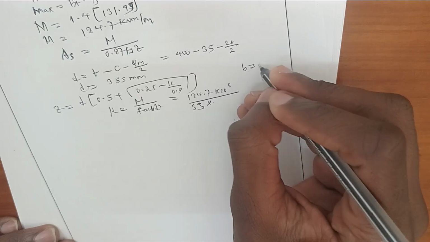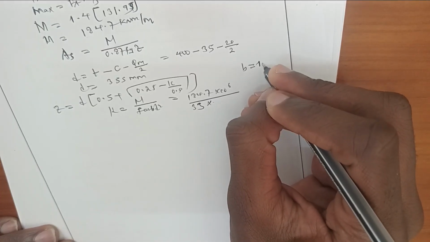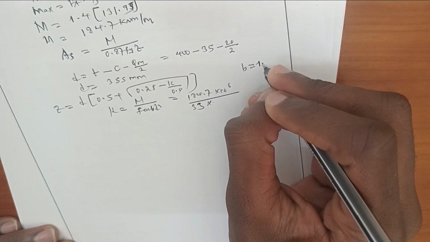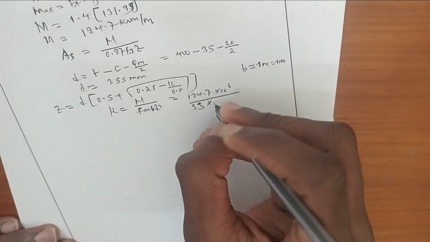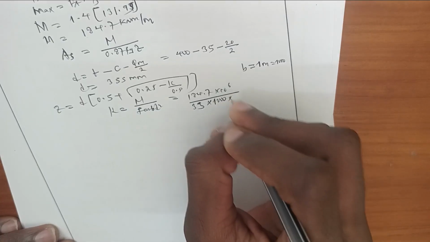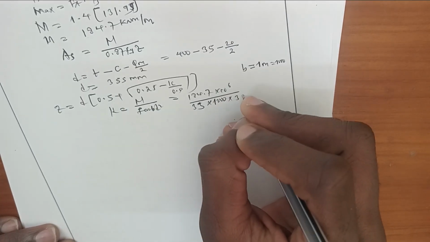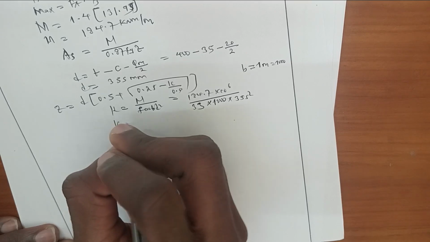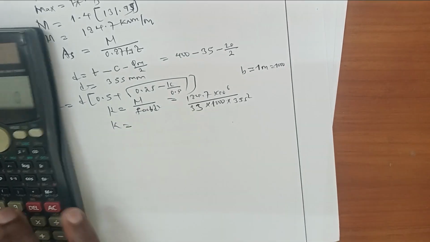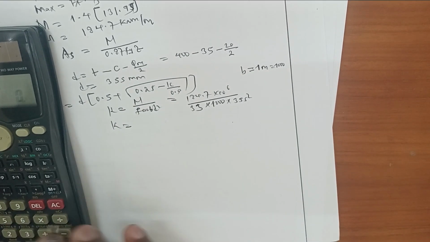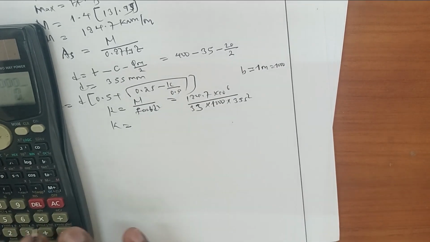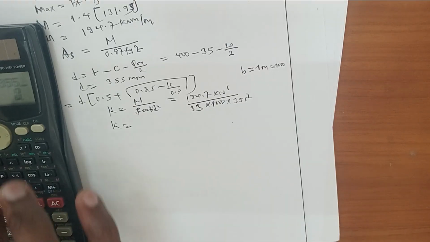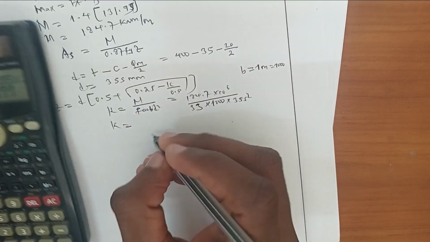This space taken is 1 meter, which is equal to 1,000 times effective depth, which is 355 square. Now the value of K will be equal to 184.7 times 10^6 divided by 35 times 1,000 times 355 square.